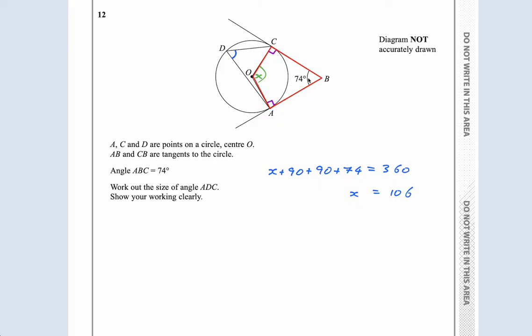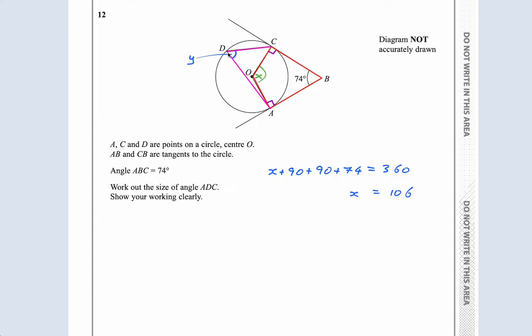Well, look, this is the angle at the center of a circle, and this is the angle at the circumference. One of our circle theorems is that this angle here, let's call it y, is a half of this.